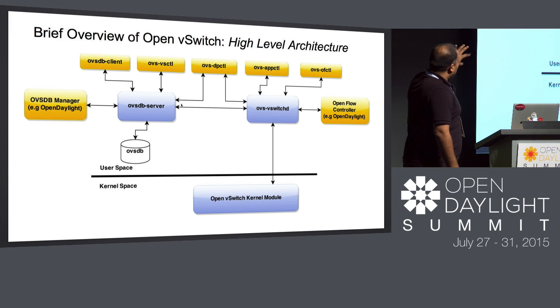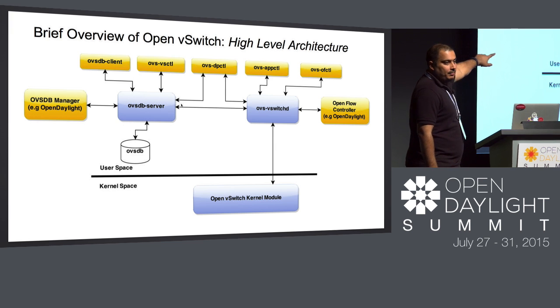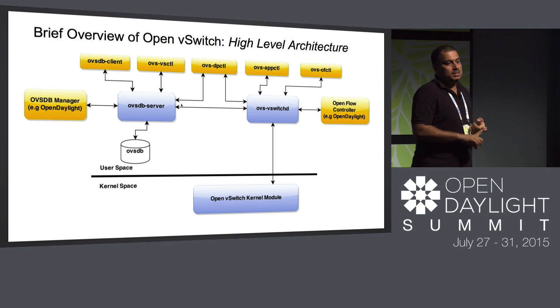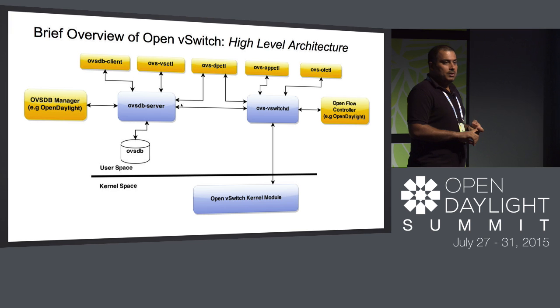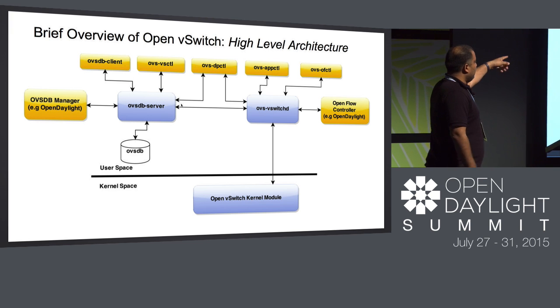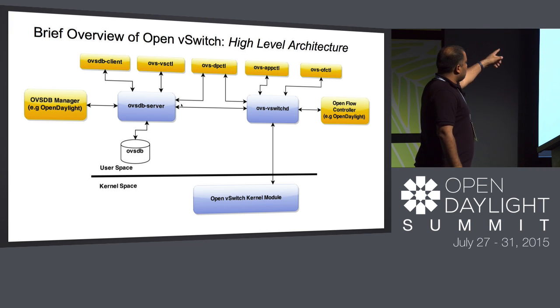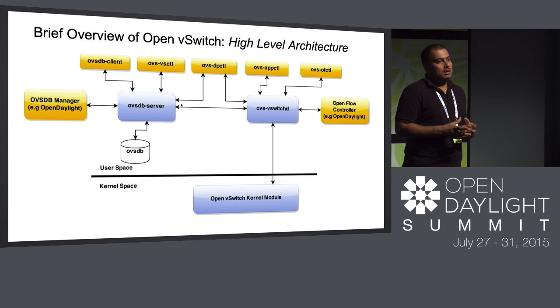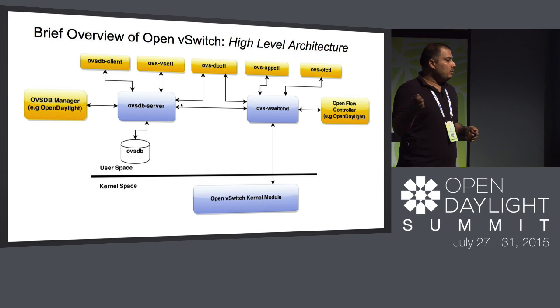One component, the southbound plugin, talks to the OVSDB server because it wants to do configuration in OVSDB, like creating a bridge, creating a port, or adding a port. All those kinds of configuration of OVS are done through the OVSDB server, so the OVSDB manager talks to the OVSDB server. Once we create a bridge, it is not a normal OVS bridge. We always connect it to the OpenFlow controller, and that's how OVSDB basically works.